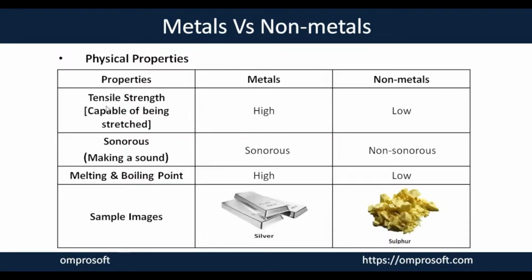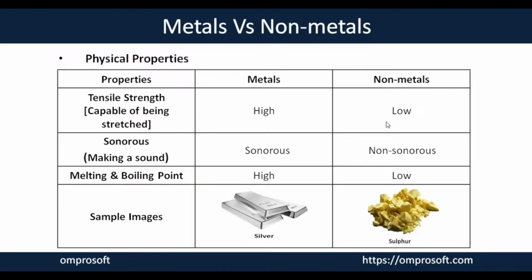The next is tensile strength. Metals have high tensile strength. They are capable of being stretched. When we give heat to them, they do not break into pieces, they stretch. But non-metals have low tensile strength. When we give any pressure or heat to them, they break into pieces.